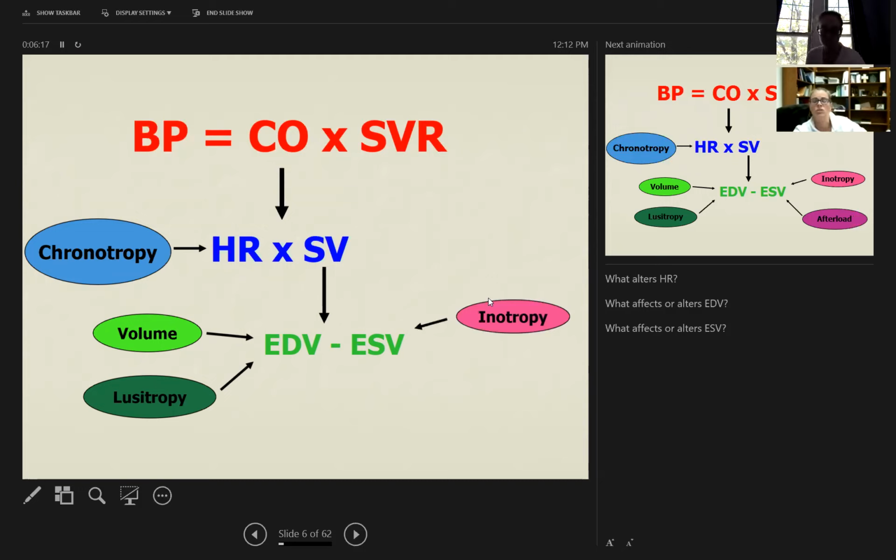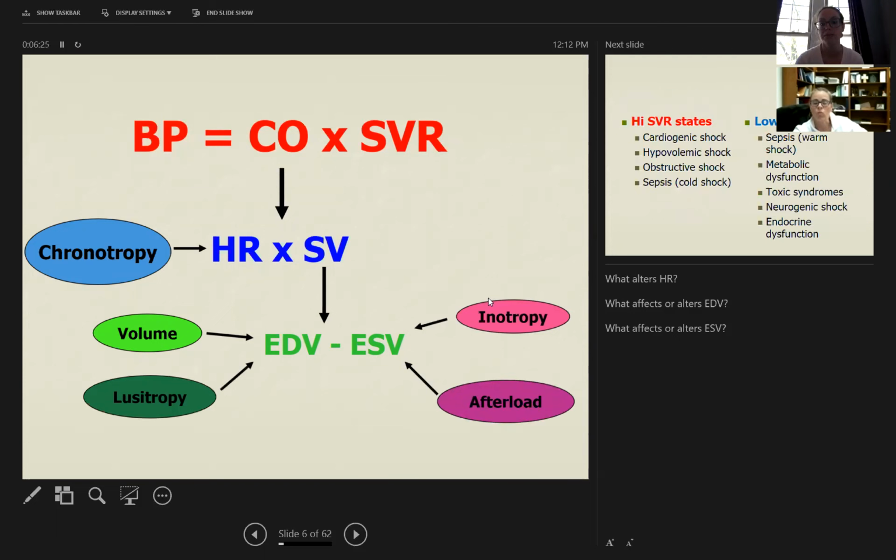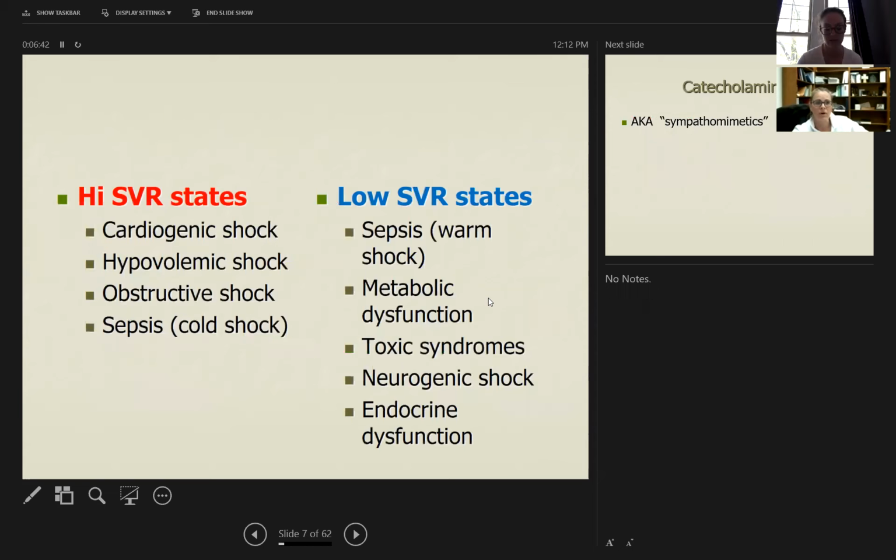How much can the heart squeeze? How forcefully does the heart squeeze to eject blood from that left ventricle? And what's the afterload? What is the heart working against with each contraction? So your cardiac output obviously is dependent on many, many factors that inotropes and pressors are going to help you manipulate.